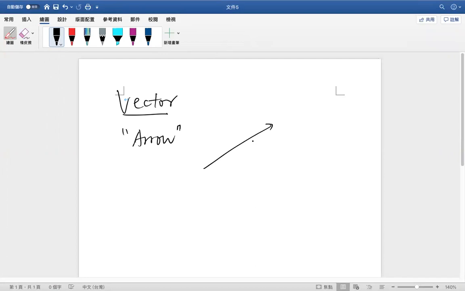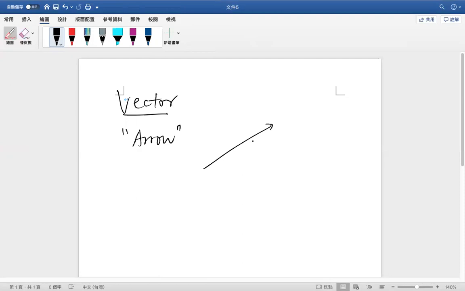So for example, what kind of quantity can be described by such a vector? For example, when you're talking about an object which is lying on a two-dimensional plane, and then you want to talk about the velocity of that particle, then you probably need to use a vector to describe it, right?